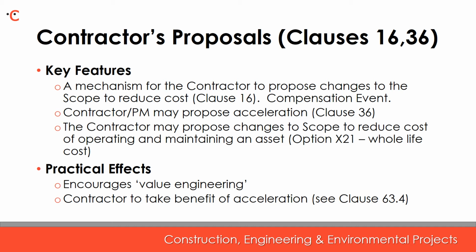The contractor has also been provided with a mechanism to propose changes to the scope of the contract to allow for cost reduction, so reducing the cost of an asset over its whole life. That's option X21. So these mechanisms therefore encourage value engineering, the contractor being obliged to mitigate delay, but it is otherwise not obliged to accelerate.